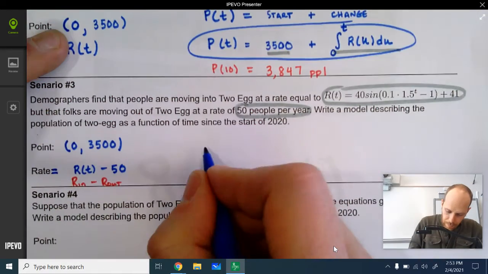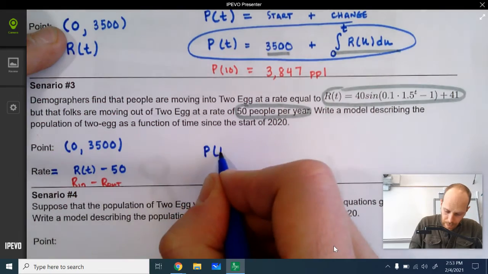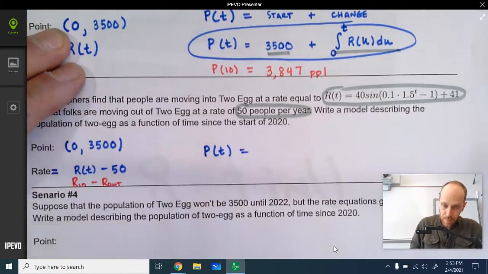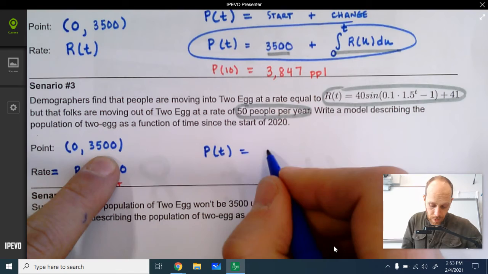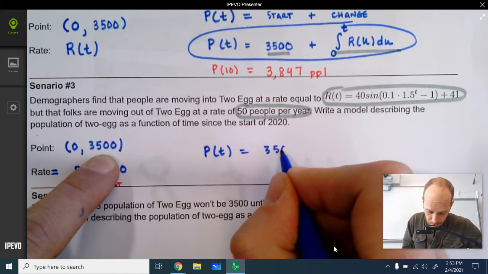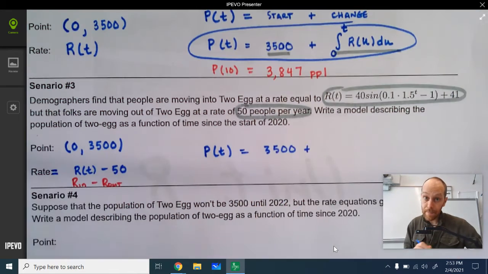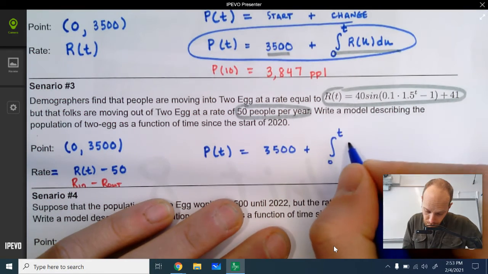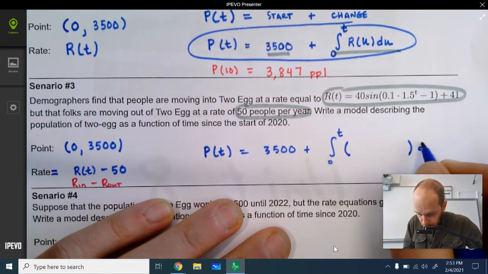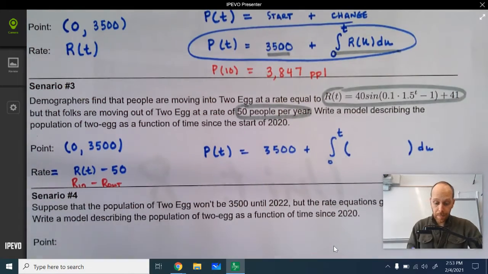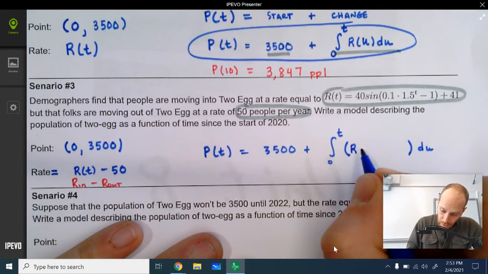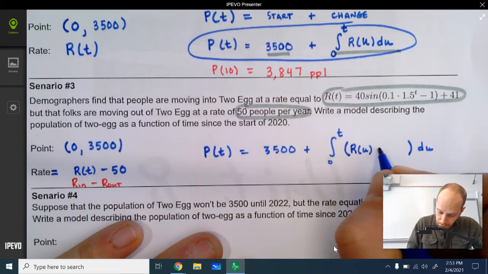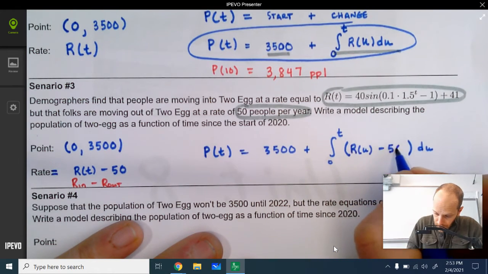Well, what does that mean for our population model? It's still going to be a start plus change. And we're still starting at 3,500, but the rate is different. In here we say R of t minus 50.